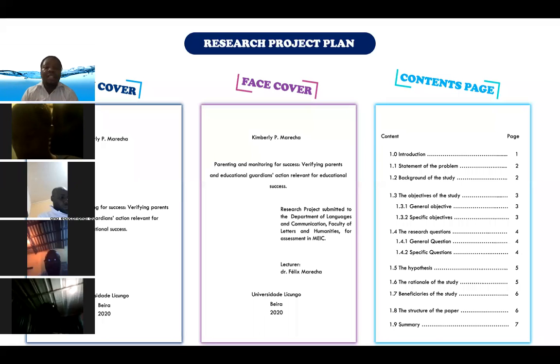Let's say you've identified a problem and you think that problem is caused by something, but you need to investigate that cause in order to verify if it's exactly what is causing that problem. For example, we're talking about COVID-19, the coronavirus, right? It was believed that it was passed from animals to human beings.